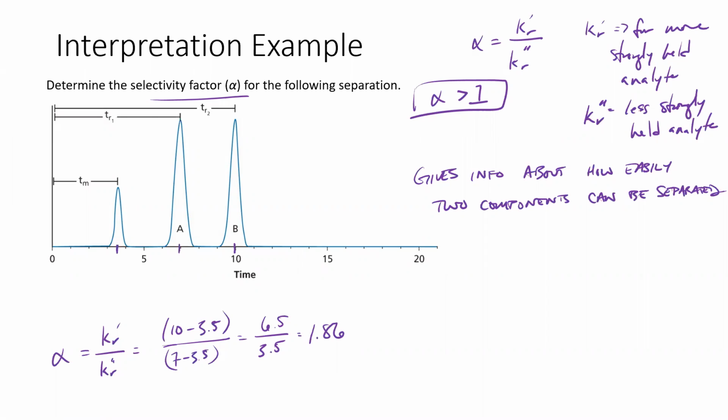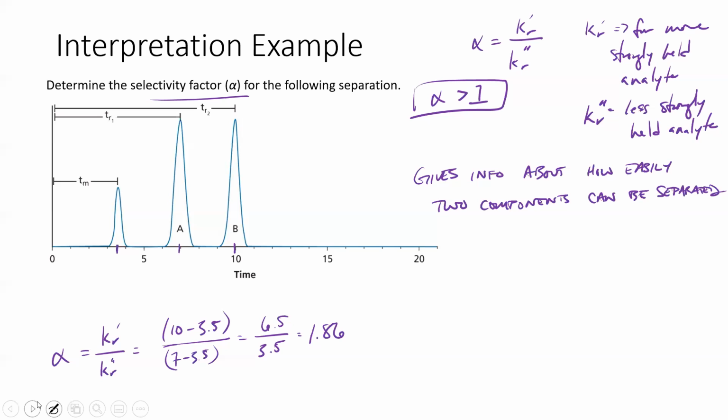The selectivity factor tells us more about how two different analytes are separated on a column. How well can we separate two things? Remember, selectivity is about being able to differentiate between multiple components in a solution, in a compound, in a mixture. And so we often think about how well things are separated in resolution, right?